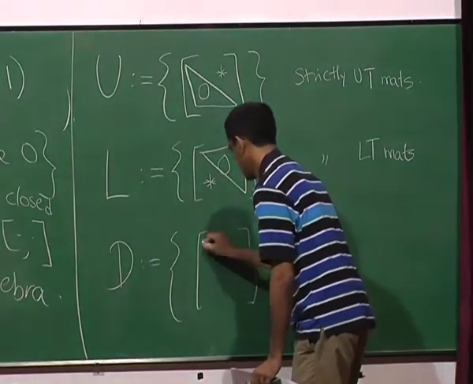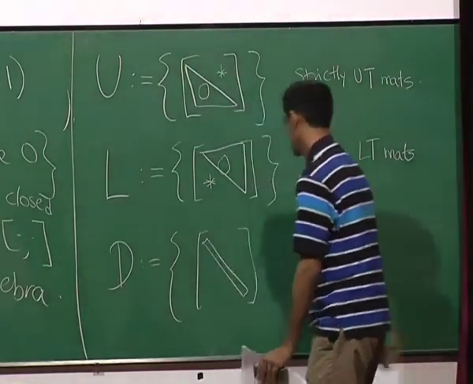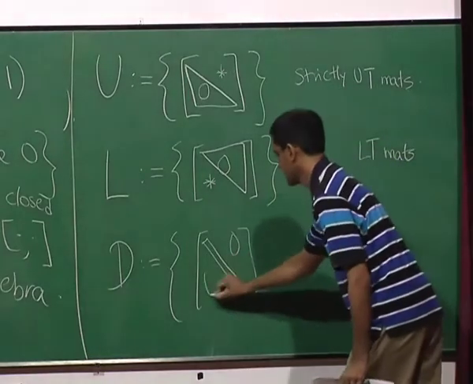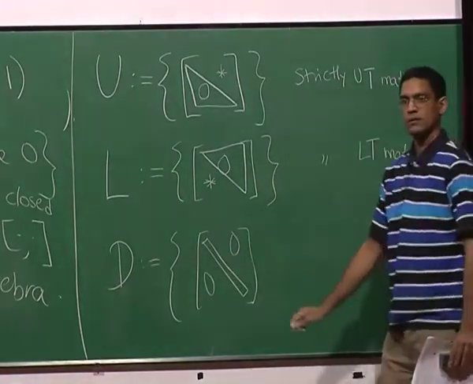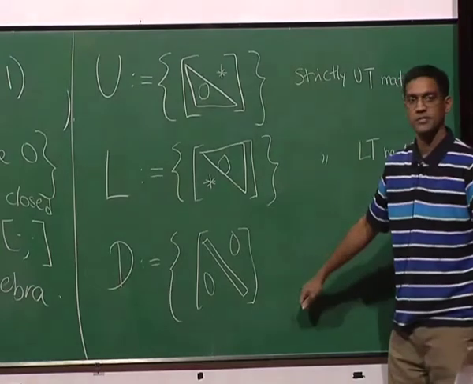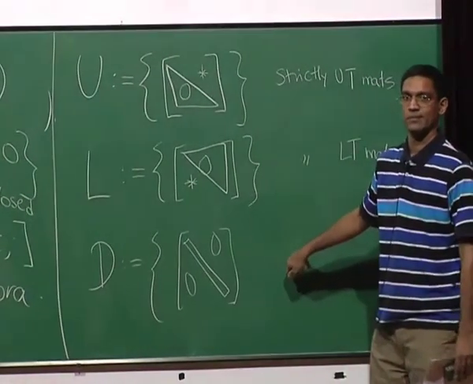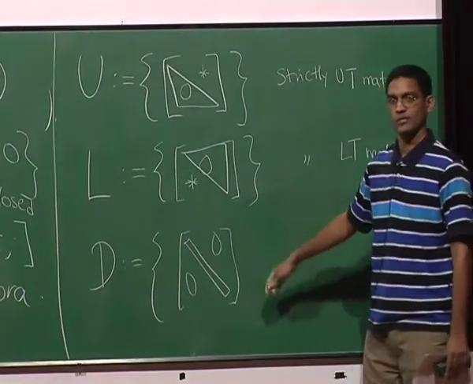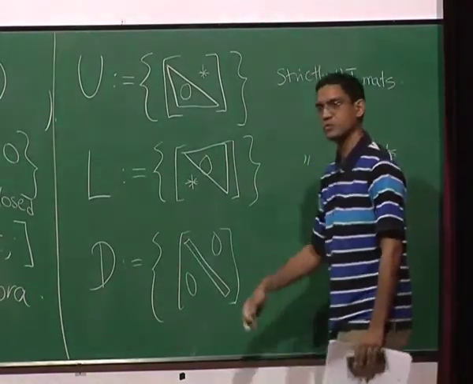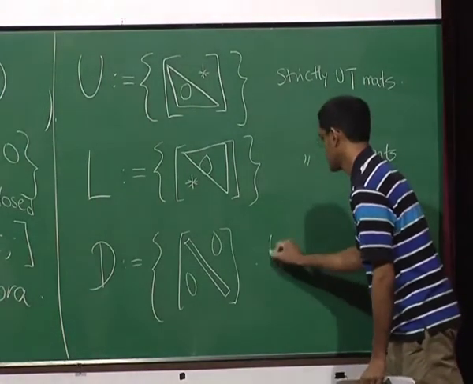So let's consider matrices which only have diagonal entries, 0 both above and below. But can I take all diagonal matrices? No, because remember I'm trying to construct trace 0 ones. So well, I should only take diagonal matrices whose trace is 0, okay, such that trace is 0.